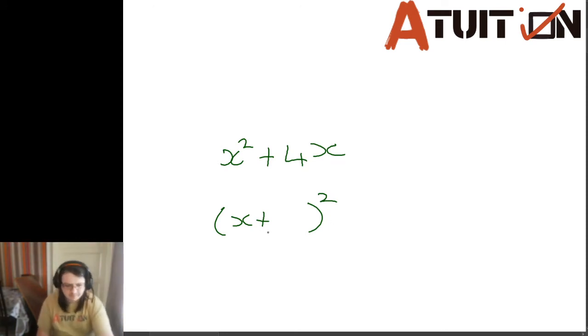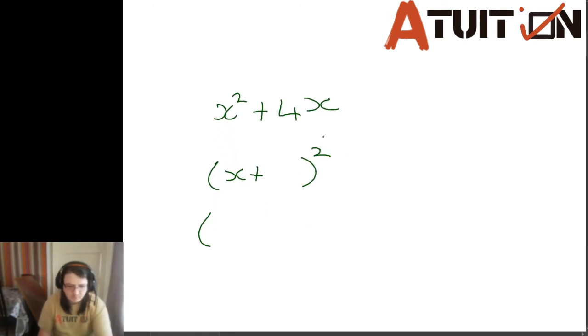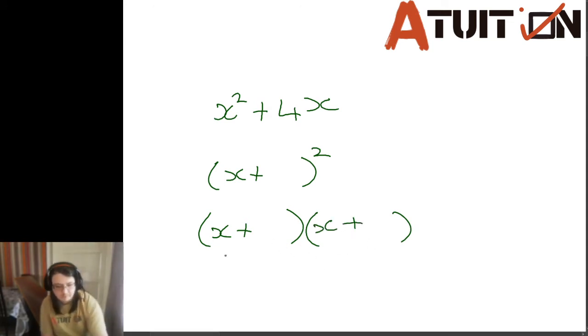So in order for these brackets to multiply out and give us x squared plus 4x, remember that when you square something, you're just timesing it by itself. So this is going to be x plus something multiplied by x plus something. That number is going to be the same thing. If we multiply this out, we would have x times x for x squared. This number times x for something x. Let's call this a.